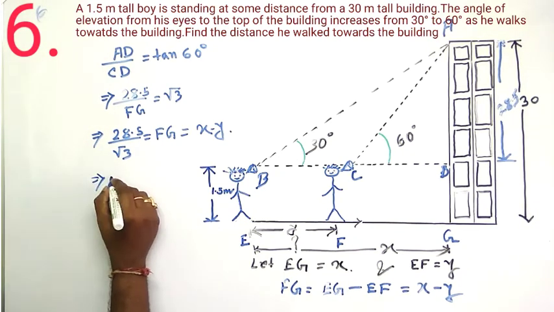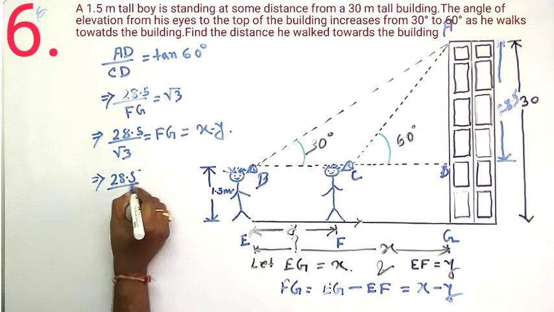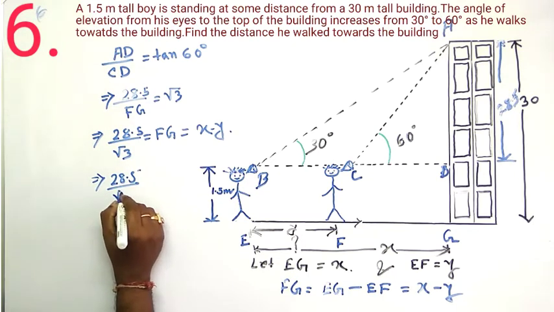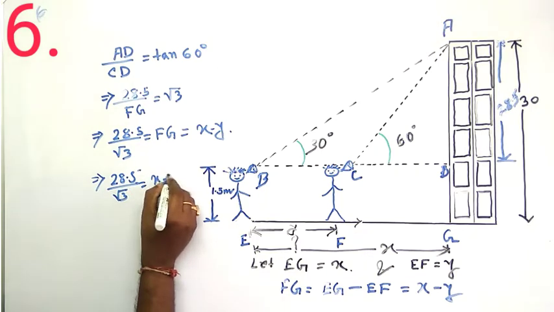So we can write 28.5 by root 3 equals X minus Y.